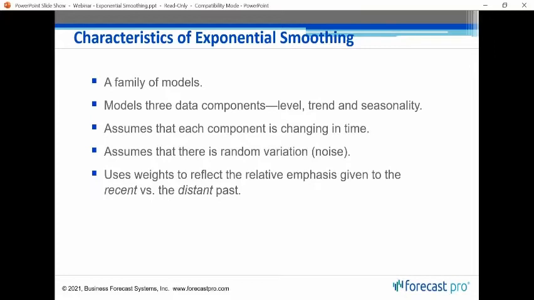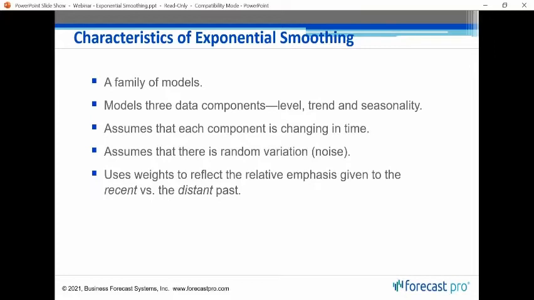On the other hand, if there's random variation in the data, if there is noise, then using a lot of data and sort of smoothing out based on the past history allows us to get underneath that noise. This is the crux of exponential smoothing. It tries to balance the advantage of emphasizing recent history and thereby capturing change with the advantage of smoothing out using the past history and getting underneath the noise.